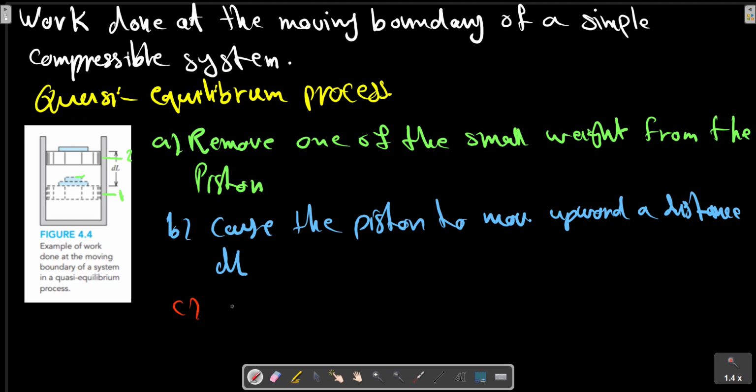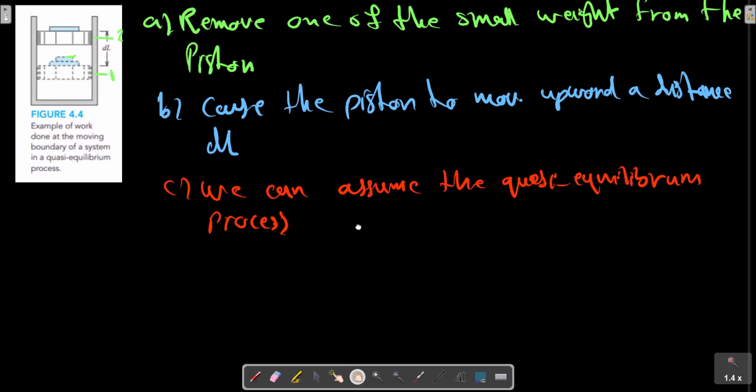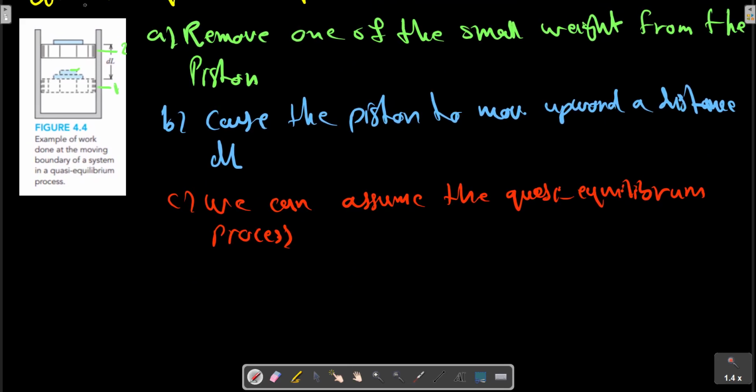So we can assume the quasi-equilibrium process and calculate the amount of work done by the system during the first process.